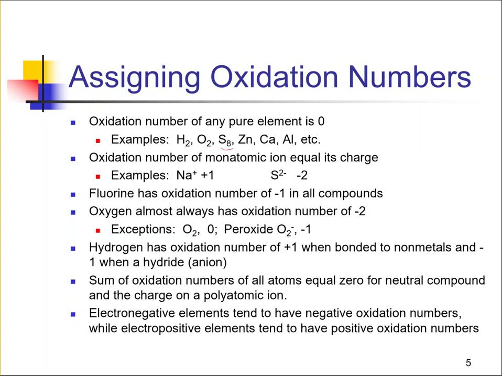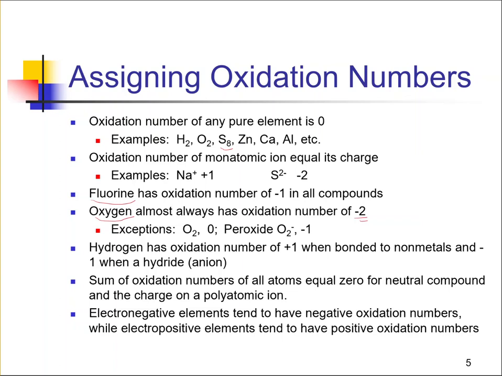Keep in mind that the oxidation number of fluorine is always -1, and oxygen is always -2, except in elemental form O2, where the oxidation number equals 0, and in peroxides, where the oxidation number of oxygen is -1. Another rule is that the hydrogen oxidation number is always +1 when it's bonded to nonmetals, and when hydrogen is bonded to metals, the oxidation number of hydrogen is -1.